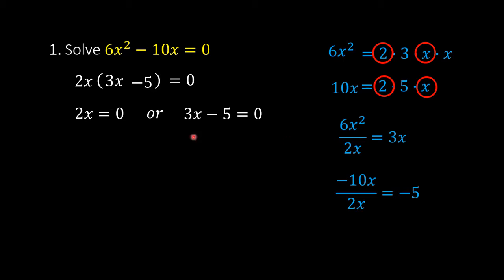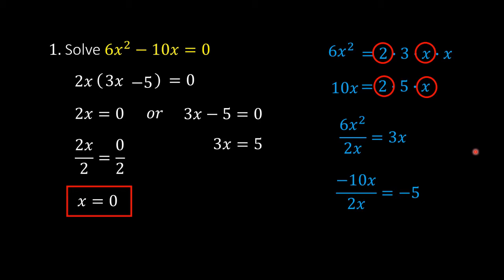Let us solve for x in the first equation. Divide by 2, divide by 2. So x is equal to 0 because 0 over 2 is 0. Let's go to the second equation. Let us transpose negative 5 to the other side and change its sign from negative to positive. 3x is equal to 5.